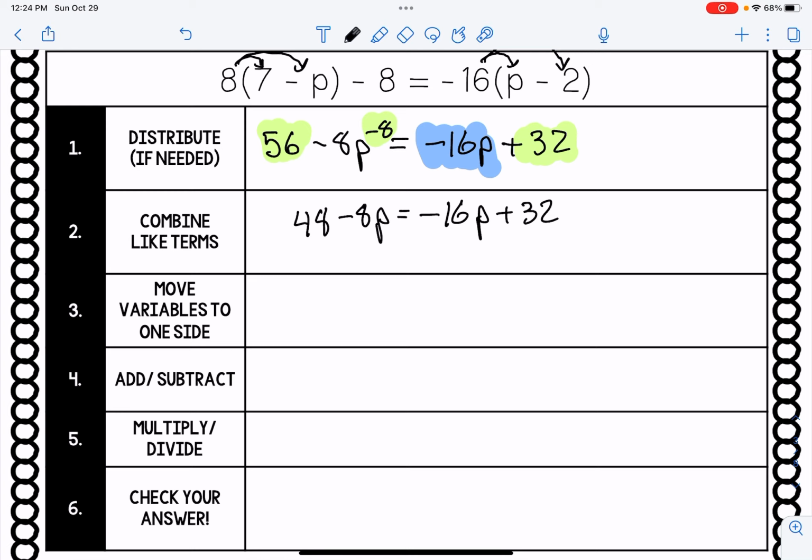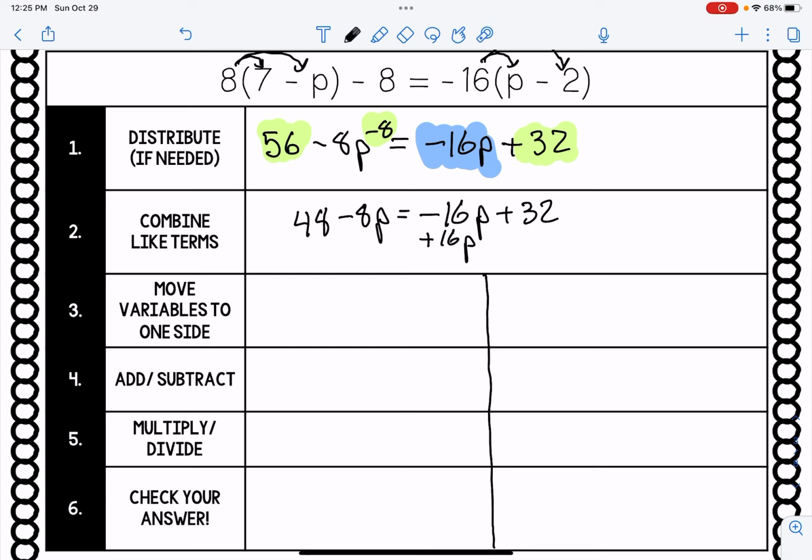So here we need to move variables to one side. So I'm going to split this into two because we're going to do that two different ways here, just to show you it doesn't matter which one you do. Whichever one you're comfortable with, do that. So first things first, I am going to add 16p.